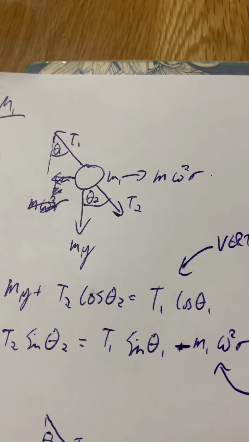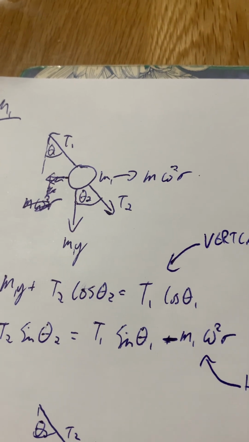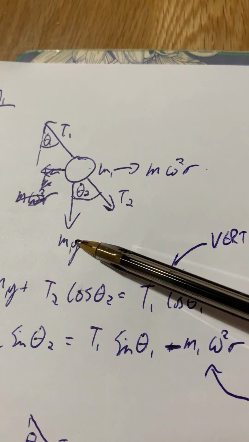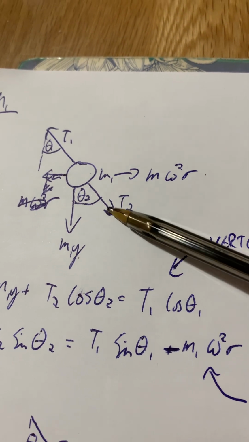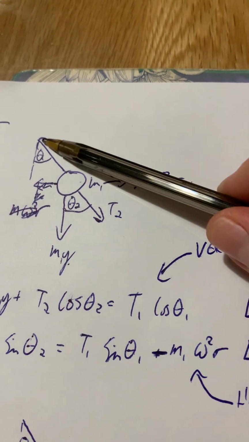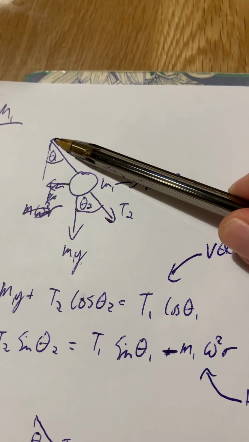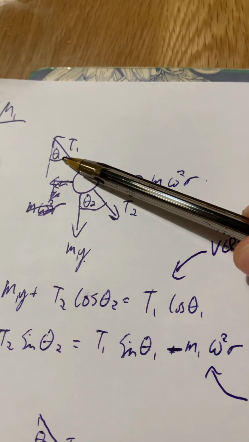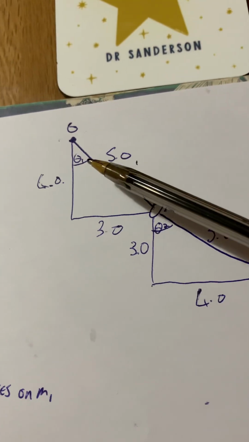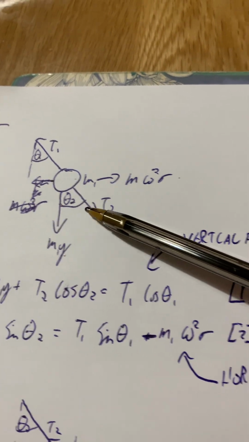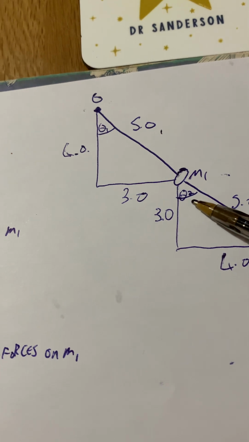So what I did is I looked at M1 first, and I drew all the forces acting on M1. M1 here has weight acting down, Mg. It has tension from this string that I've called T2, and tension from this string that I've called T1. Now the angle theta 1 here is the same as this angle theta 1 there, and this angle theta 2 here is the same as this angle theta 2 here.